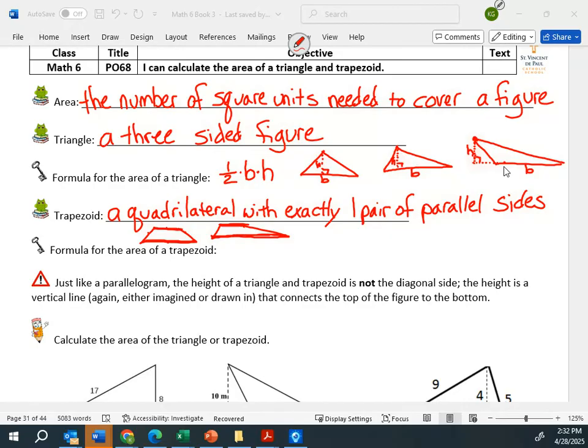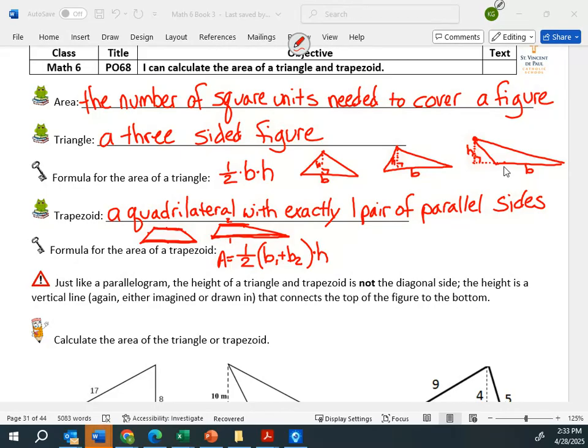The formula for the area of a trapezoid can be written in 2 different ways. One, the area of the trapezoid could be 1/2 times base 1 plus base 2 times the height. So base 1, base 2.